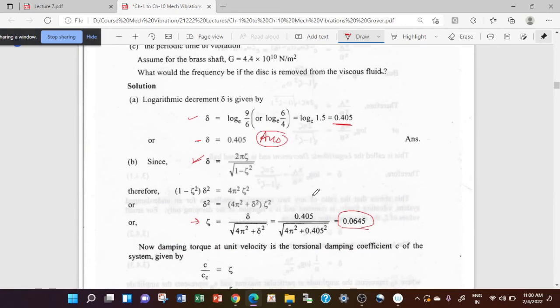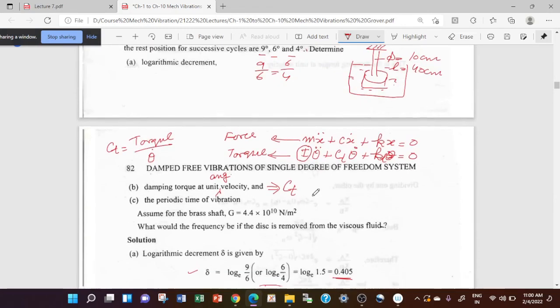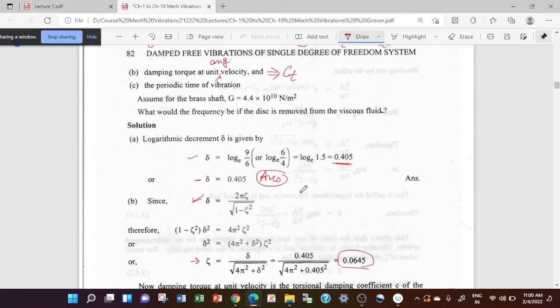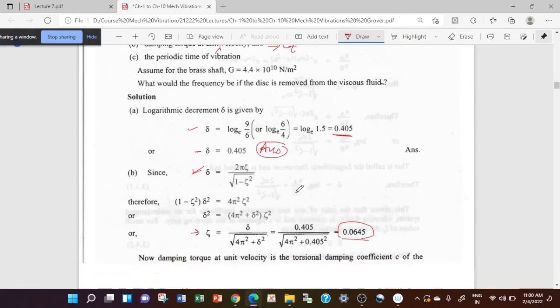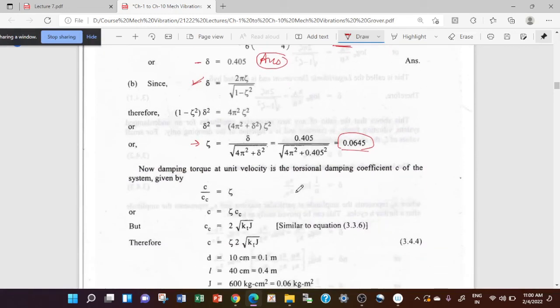If you remember, Cc for the spring mass system is given by 2 square root of km, and for this one it will become 2 square root of Kt into I, the mass moment of inertia.